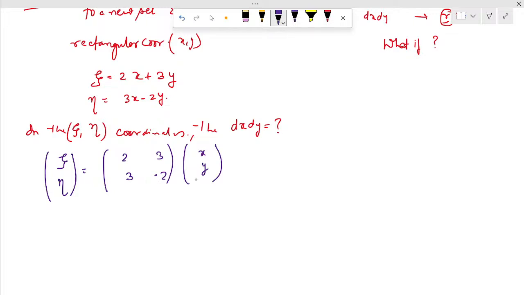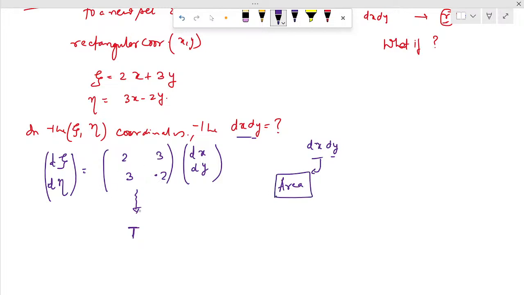Always remember, if I want to take the area element, what is the area element in x and y? Taking derivatives, d zeta and d eta are related to dx and dy. The differential area element here is dx dy, and there it would be d zeta d eta. Let's say this is T. Whenever you have this kind of question, try to use this.